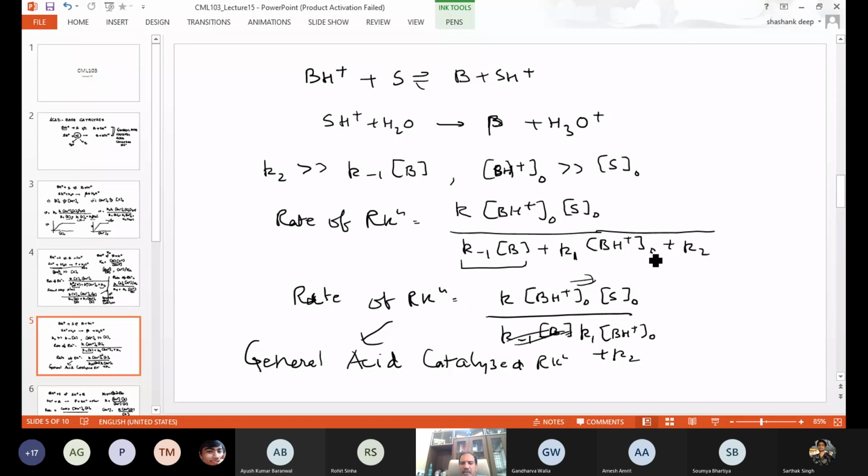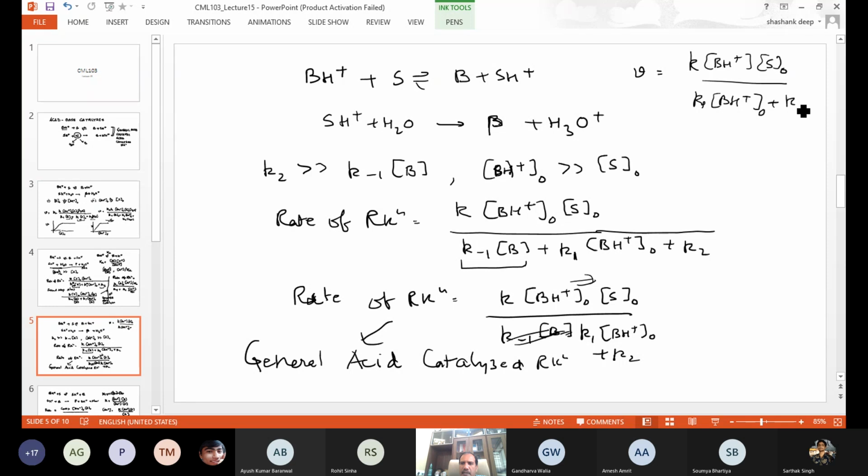Particularly when BH plus naught is quite high, it will be K1 BH plus naught. Otherwise, the rate of reaction is simply K BH plus naught into S naught, into K1 BH plus naught.